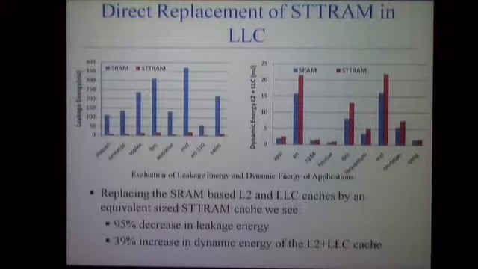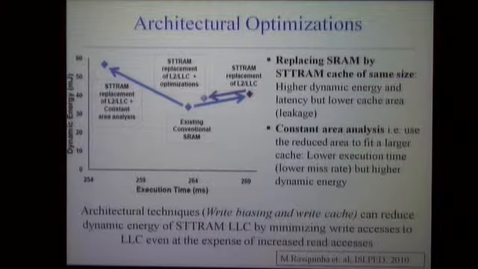But there's also a corresponding 39% increment in the dynamic energy of the L2 plus LLC cache. And this is yet again expected because STT-RAM, as we stated, is write energy intensive.